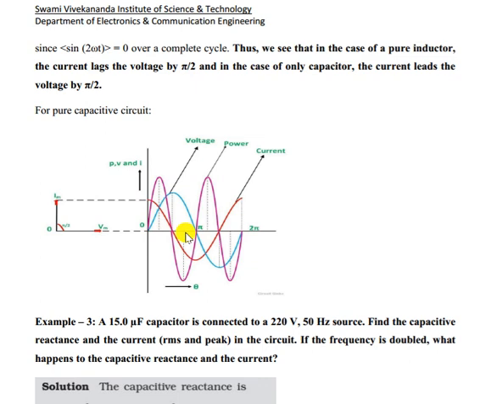Then pi by 2 to pi, voltage is positive but current is negative, so it is negative. In this case, voltage and current both are negative, so it is positive. And here voltage is negative, current is positive, so power is negative. So again we can see this is plus minus, so ultimately the effective value is equal to 0.